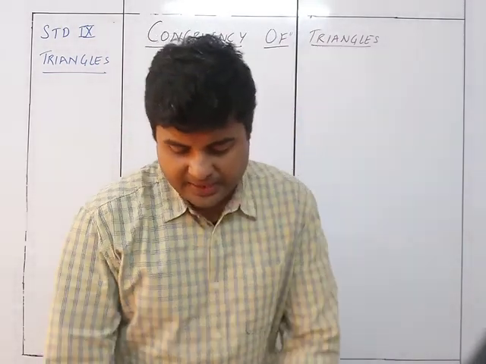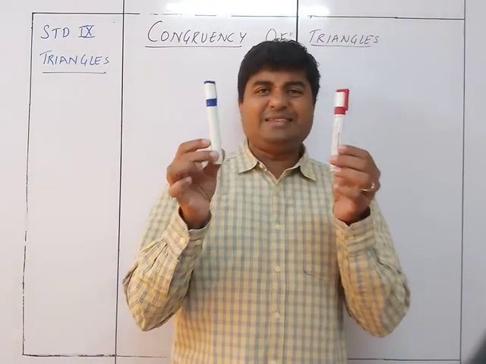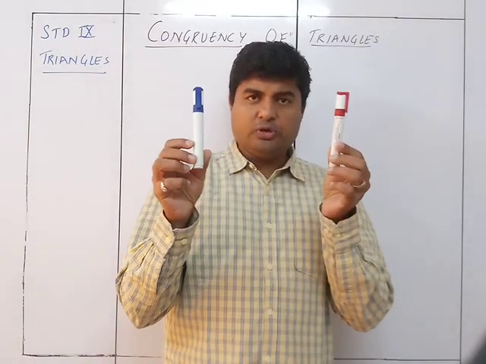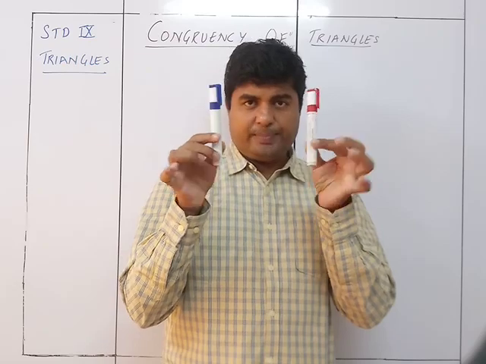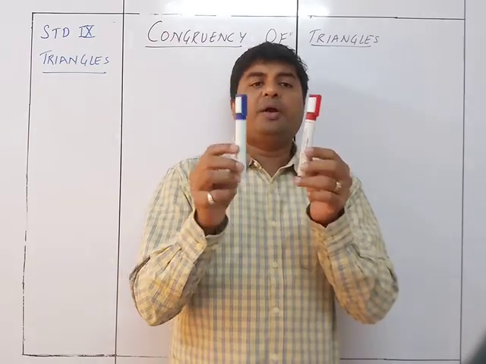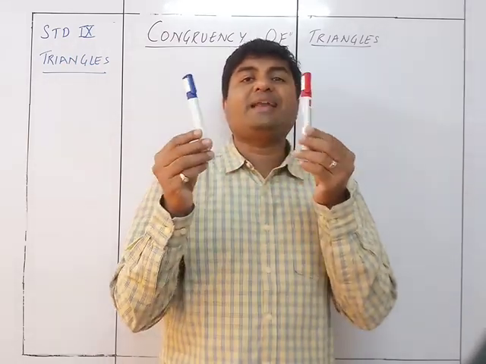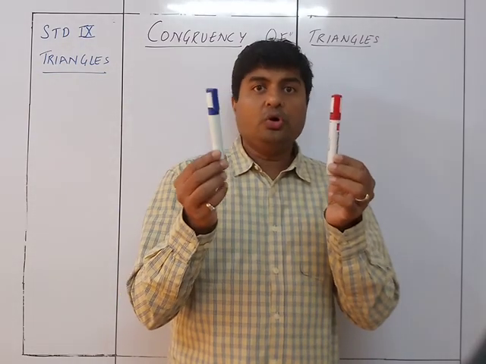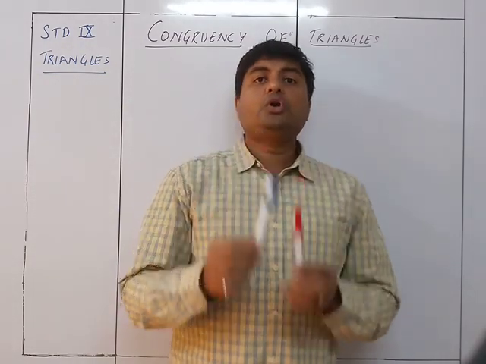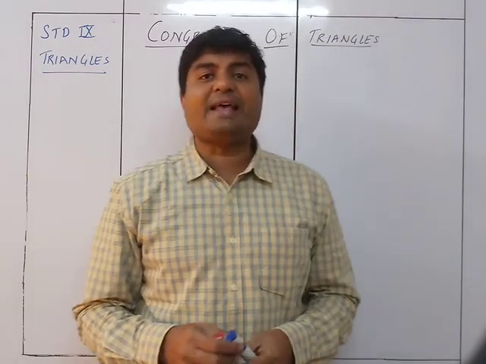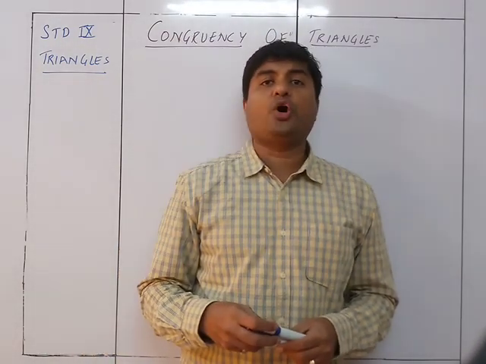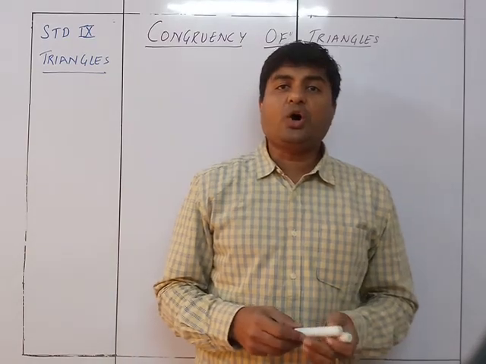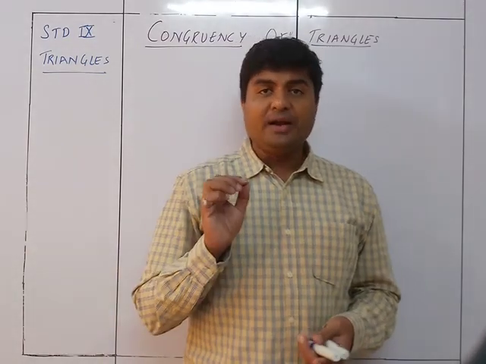Like for example, I take these two pens, they are exactly the same. Forget the color. Size, shape, exactly the same. Because the size and shape are exactly the same, I call them congruent figures. So if two triangles are exactly the same in shape and size, then I call them congruent triangles.